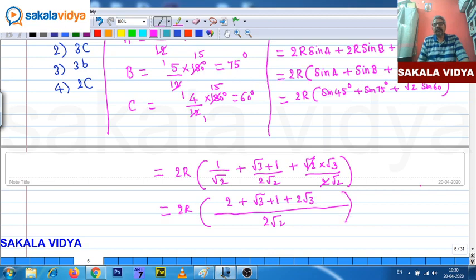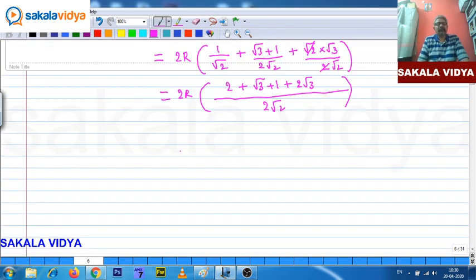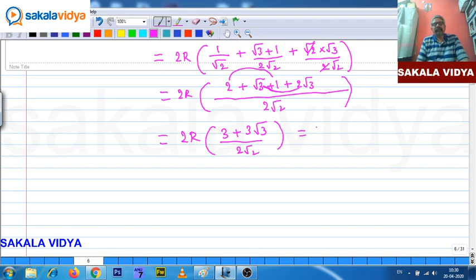So now we need to simplify 2R times 2 plus 1 is 3, root 3 plus 2 root 3 is 3 root 3 upon 2 root 2. This 3 we can take out common. Then we have 2R multiplied by root 3 plus 1 by 2 root 2.